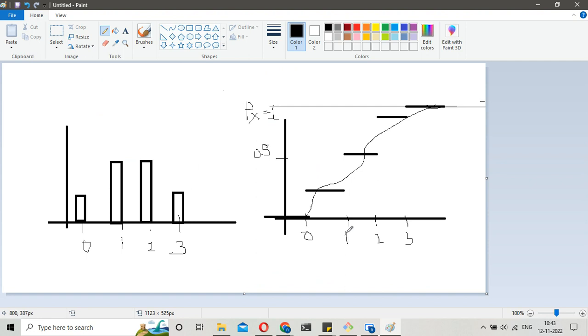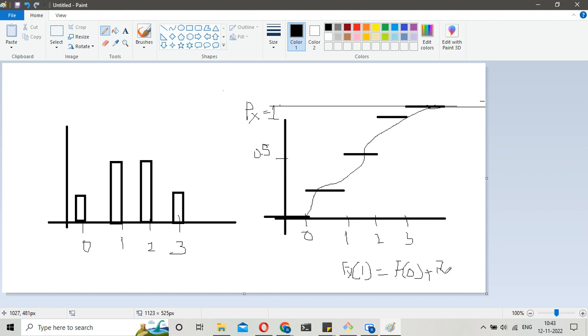So to get the CDF, this function F of 1 is nothing but F of 0 plus F of 1.